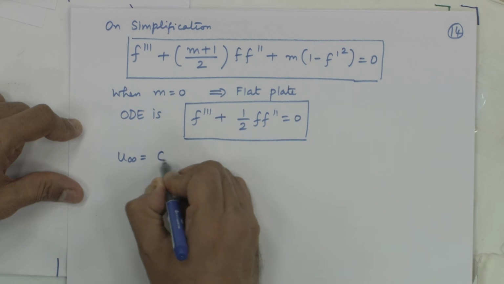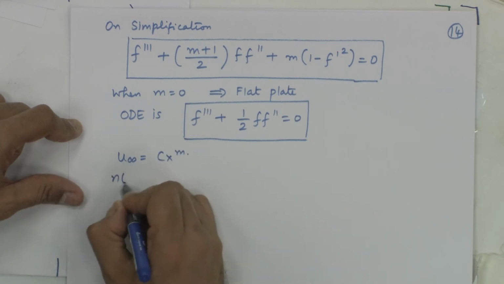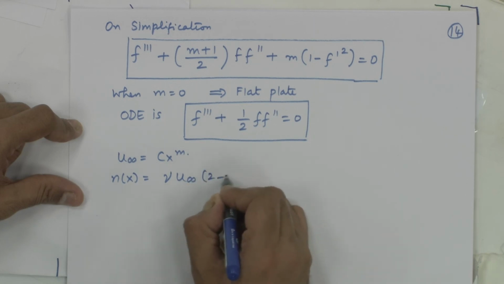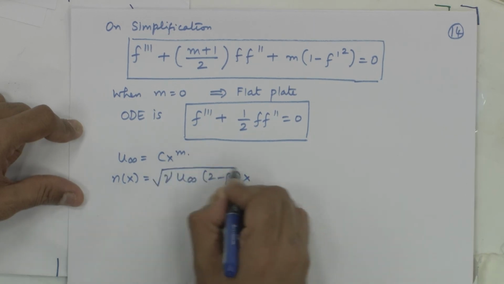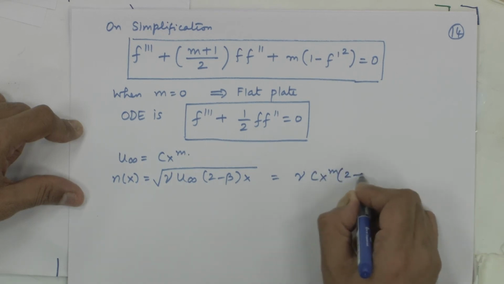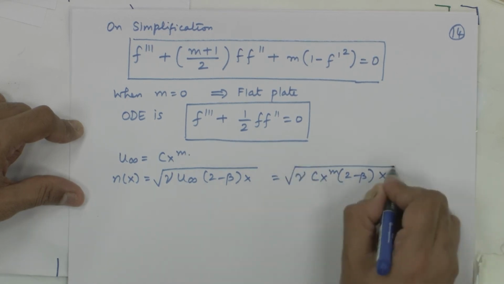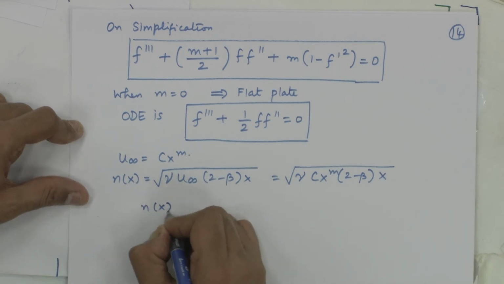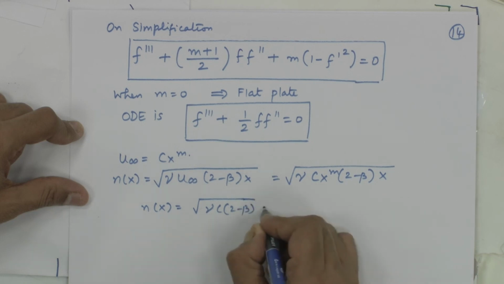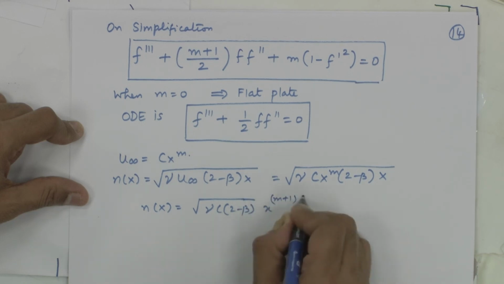U infinity is C x to the power m, n of x is nu over u infinity times (2 minus beta) into x. We will write this as nu over C x to the power m times (2 minus beta) into x. This n of x would come out to be the square root of nu over C (2 minus beta) into x to the power (m plus 1) by 2.